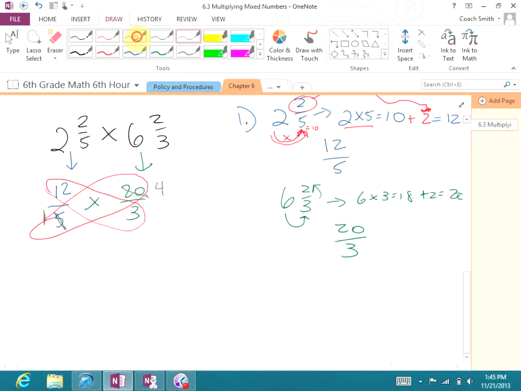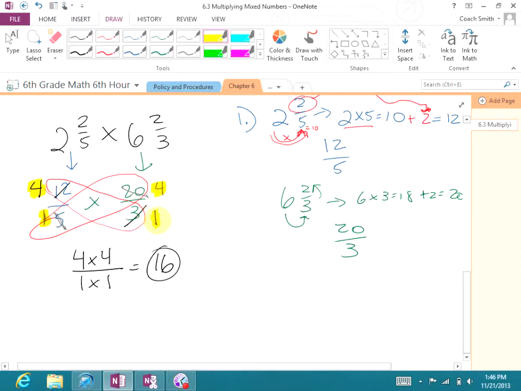Is there a common factor between 3 and 12? 3. 3 into 3 once. 3 into 12 4 times. So that leaves me with 4 times 4 on top, 1 times 1 on bottom, which is 16. Once again, that 4 and that 4 is what's left on top. This 1 and that 1 are what's left on bottom.